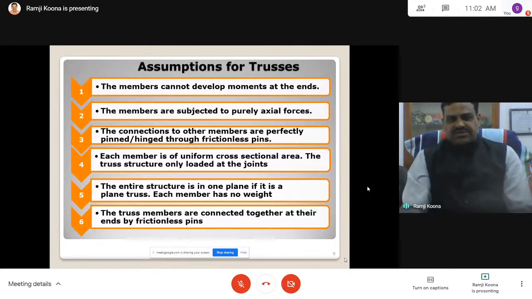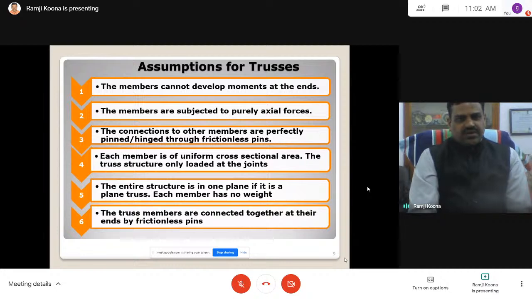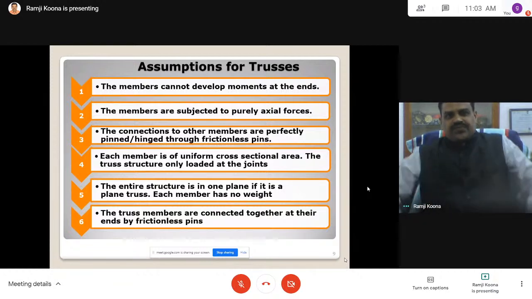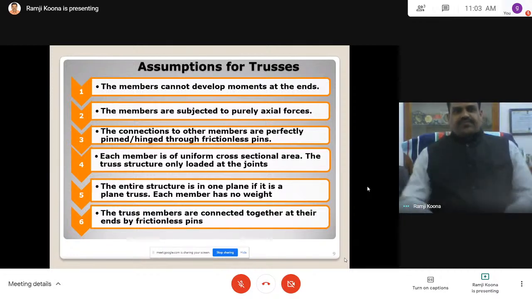The truss members are connected together at their ends by frictionless pins. So this is how generally we will try to consider the trusses.